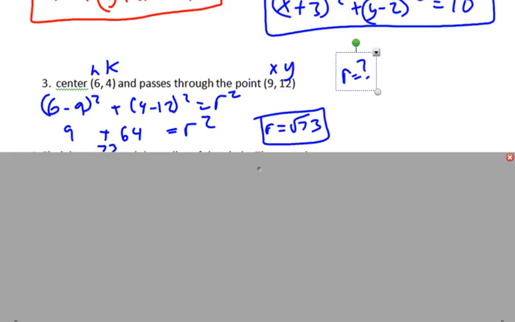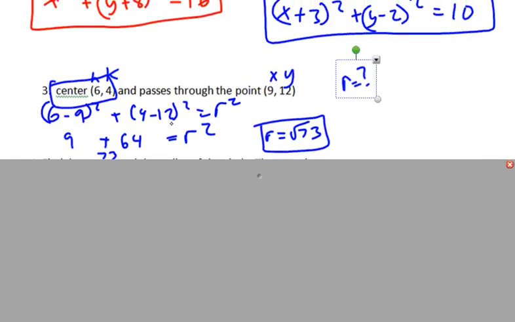You can then take the radius and our center and write the formula. Going back, did I plug in the wrong spots? It should be 9 minus 6 and 12 minus 4, but that won't change it at all. I just noticed that. So, x minus, what's our center? 6, squared, plus (y minus 4) squared equals the square root of 73 squared, which is just 73.